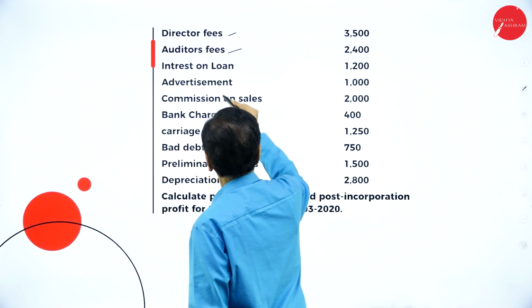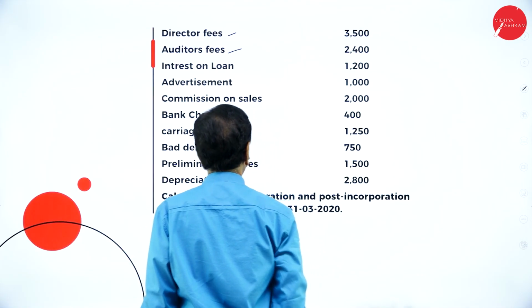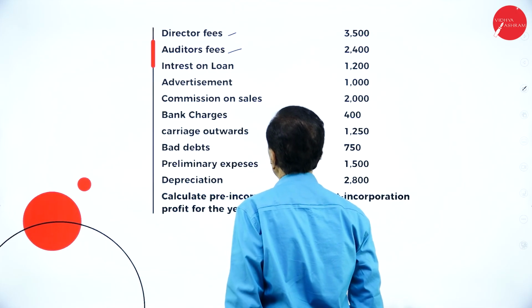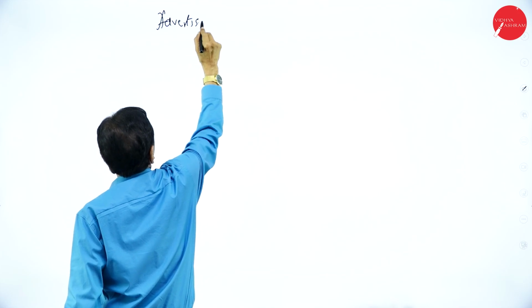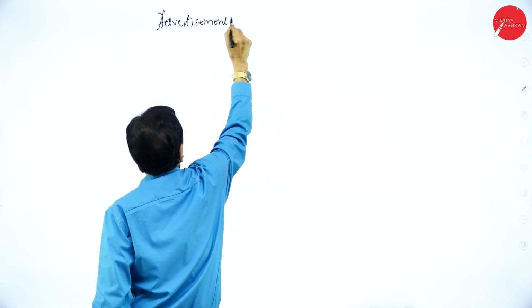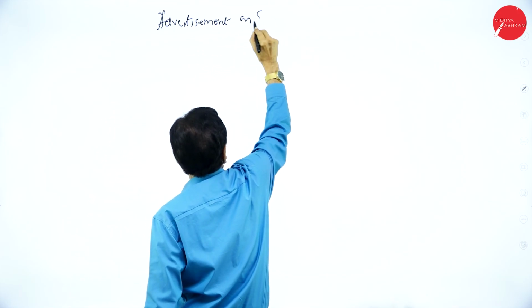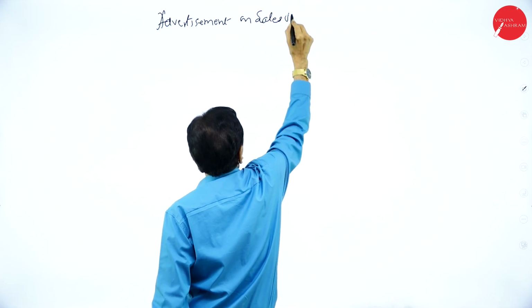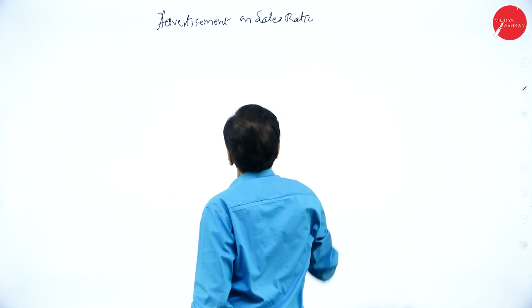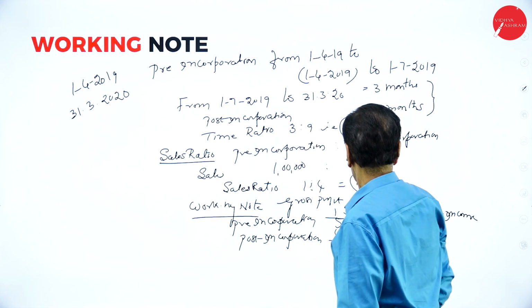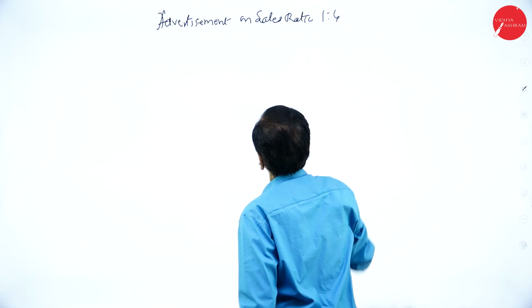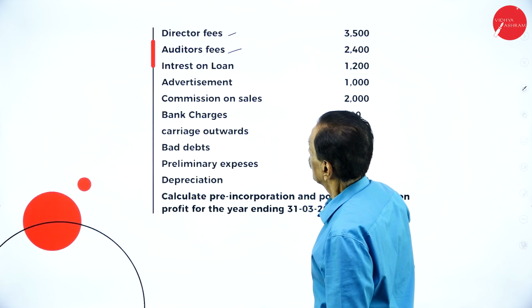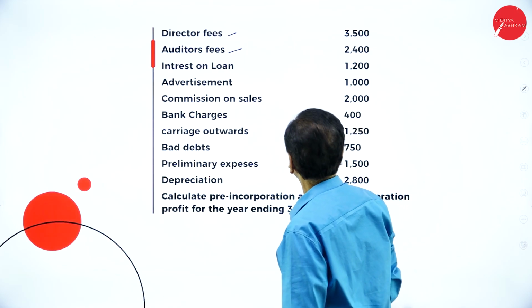What is the next one? Advertisement on sales ratio. What's your sales ratio? 1:4. What's your advertisement? Advertisement is 1,000.